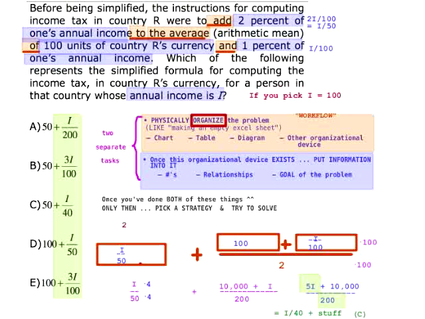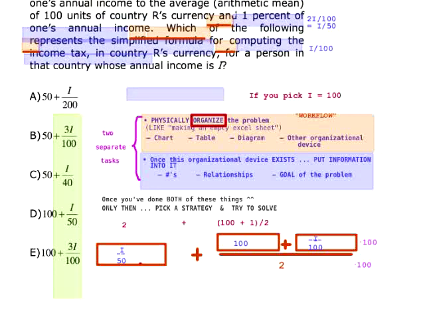Plus that average works out to be 100 plus 1 over 2. And that's not amazingly beautiful, but let's see where it goes.